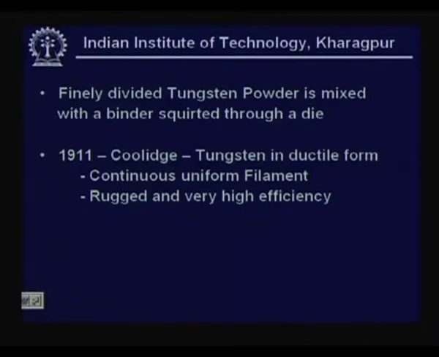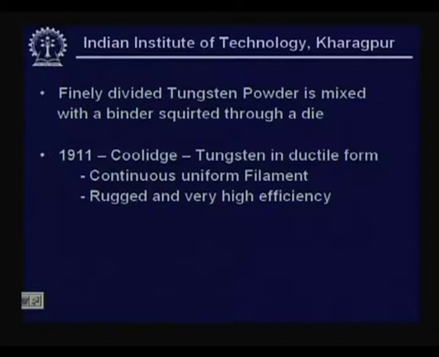In the year 1911, it was Coolidge who could produce tungsten in ductile form. So, you had amorphous tungsten mixed with a binder and squirted through a die to draw the filament, whereas Coolidge developed the method to get ductile tungsten.